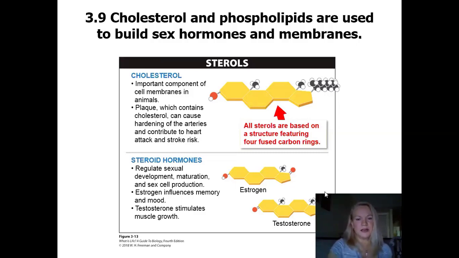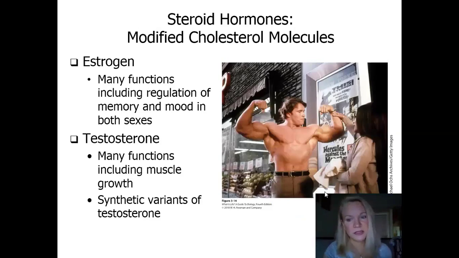And then steroids. So estrogen, testosterone, and they have so many functions in our body related to sex production, but also development and maturation of cells and muscle growth, etc. And when people misuse testosterone, you've seen that before, where they are taking synthetic, meaning human-made molecules, but it has so many drawbacks, right?